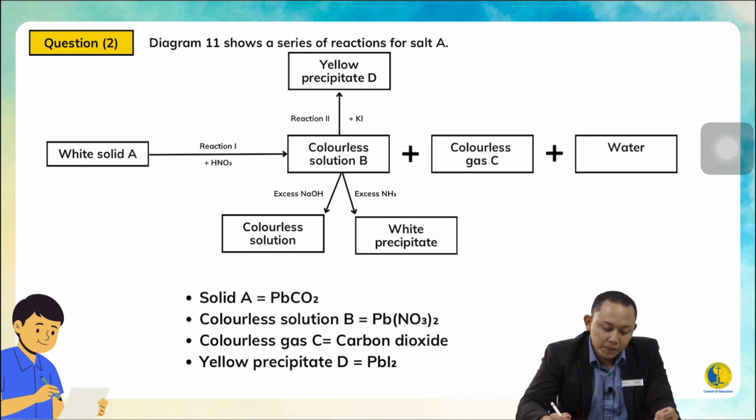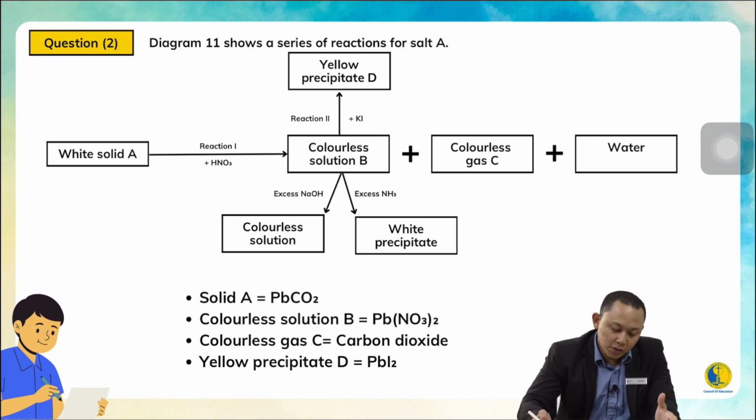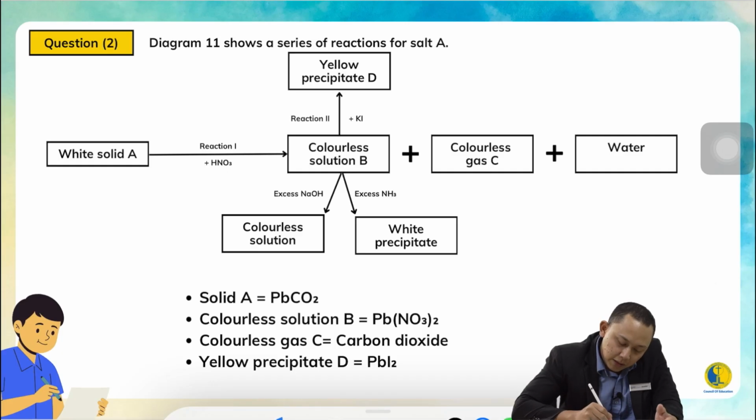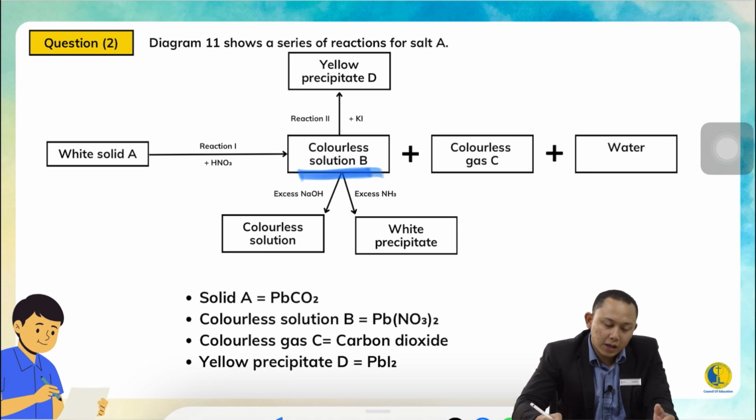Remember I said just now, sometimes when the salt is insoluble, you need to use an acid, because you want to form a solution. White solid A reacts with HNO3 to form a colorless solution B. Your cation has already reacted with the nitrate.